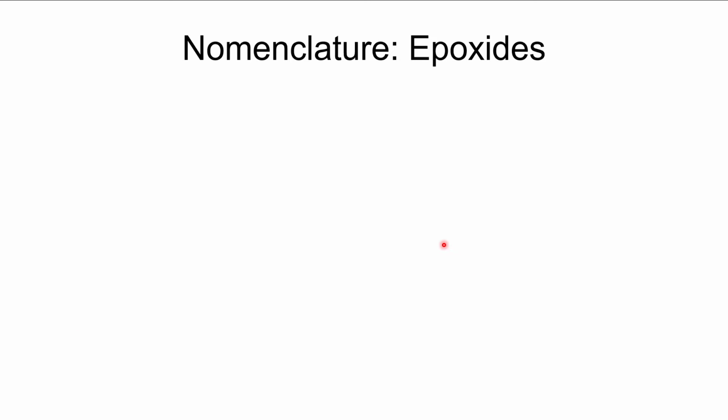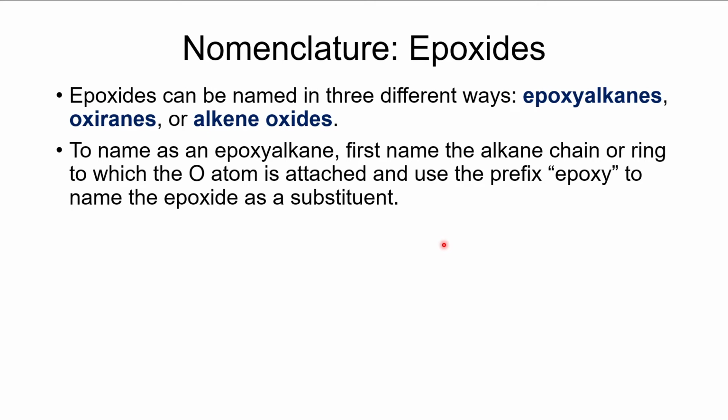All right. When we're doing epoxide nomenclature, well, we run into some interesting things. And the reason we run into these interesting things is that there are three different ways of naming epoxides. One is a lot more dated, and then the other two both fall into the category of being IUPAC. So, it gets a little bit tricky here.